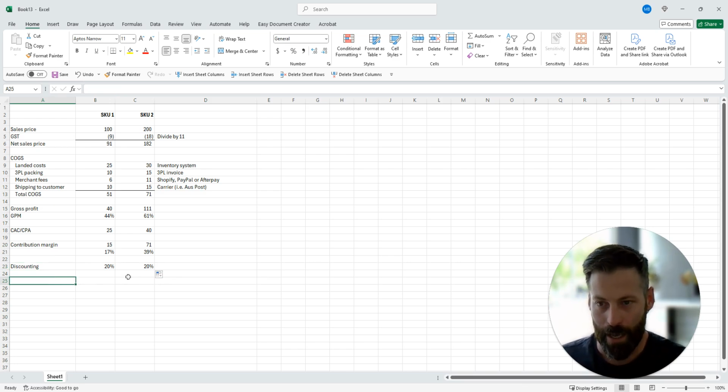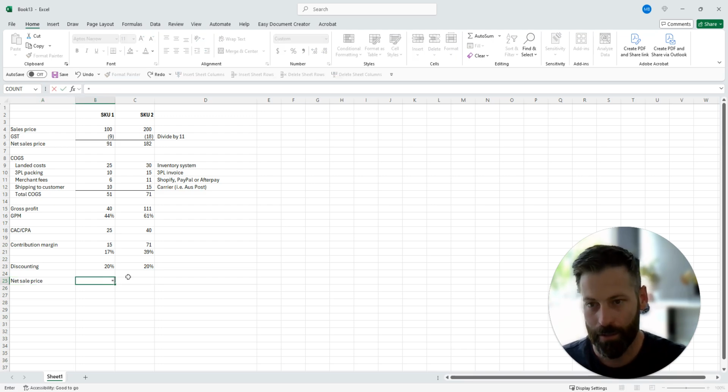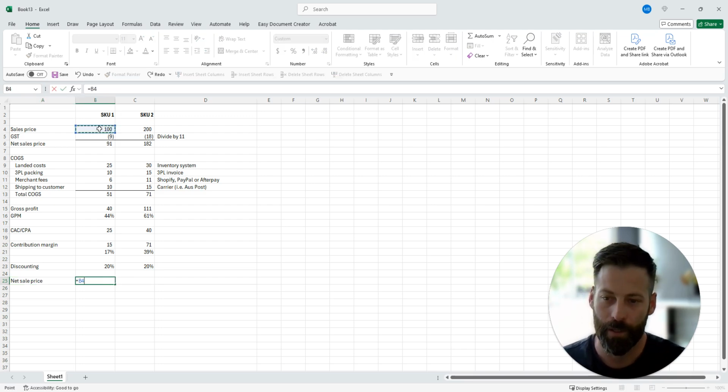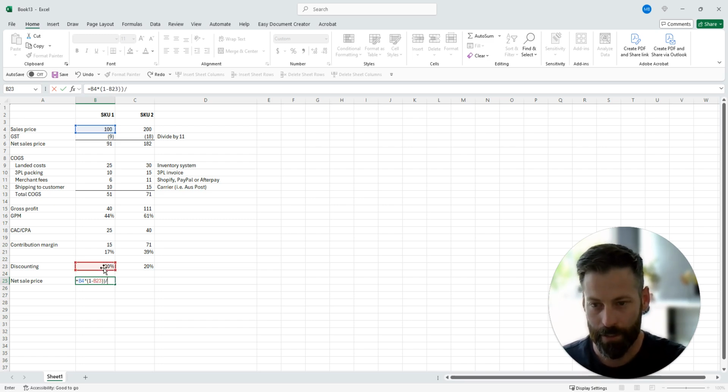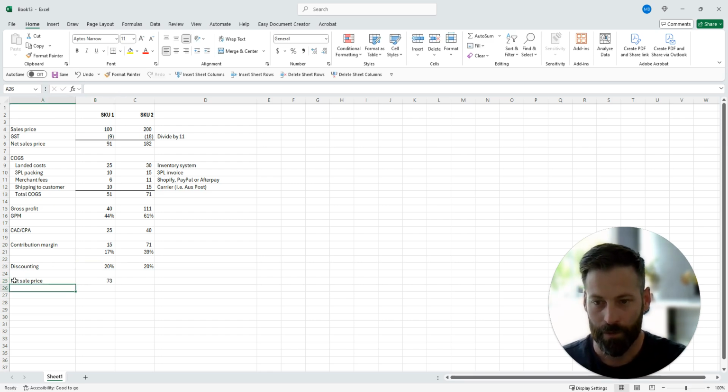If we go and take our net sale price after discount, you need to back the GST out. Your sale price on that product is now 73, net sale price and 145.